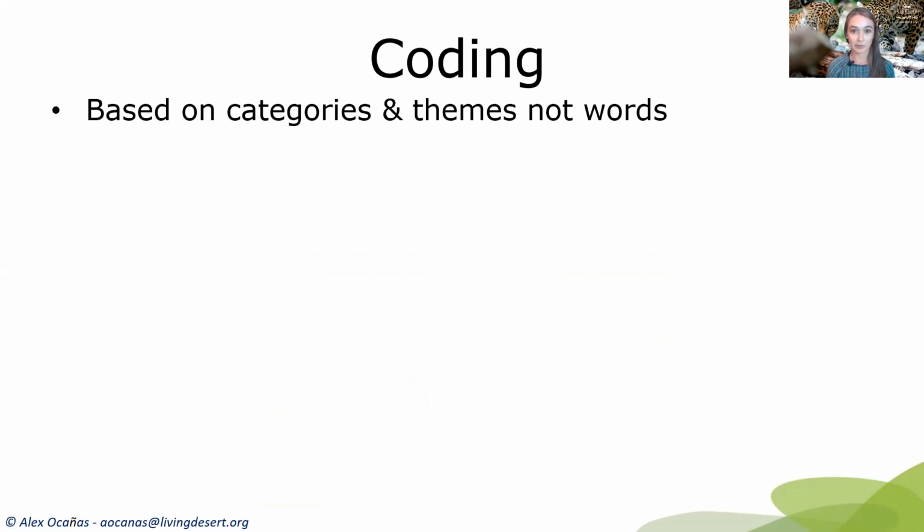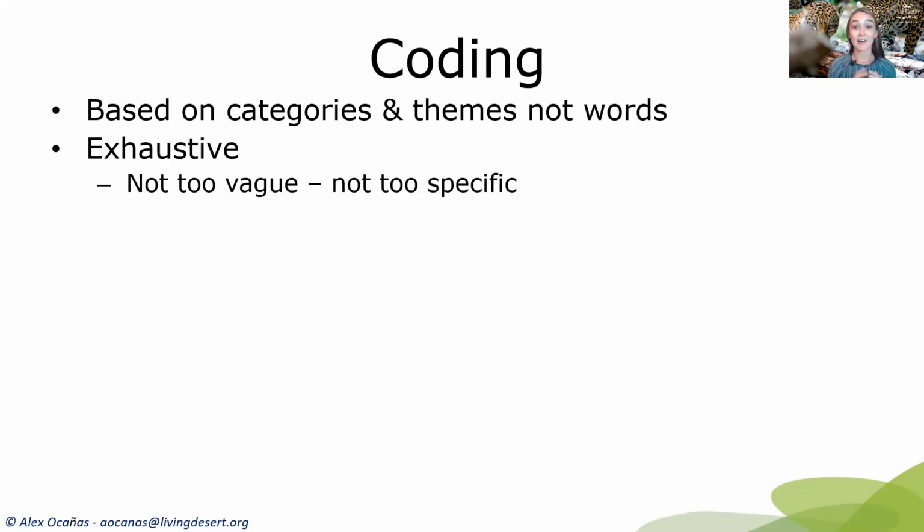So for example, a category might be quality communication, whereas if we labeled based on the words, which would not be helpful, it would be way too much to handle. We might see things like honest communication, speaking frequently, keeping in touch. That would be way too many codes to keep up with, and all of those are really speaking to the same category, which is quality communication.